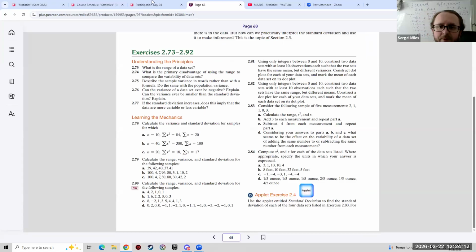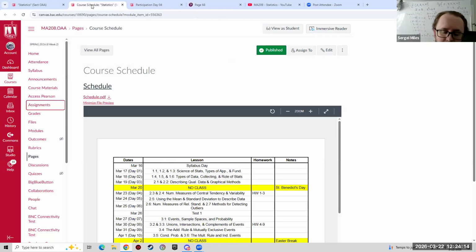We'll continue in chapter 2 on day 5, and then we have 2 more lectures to finish chapter 2, and then we will be ready for test 1. Test 1 is going to include all the chapter 1 material and this chapter 2 material. There will be review questions that I will post to Canvas with their correct answers, so you can use that as study material for the test.